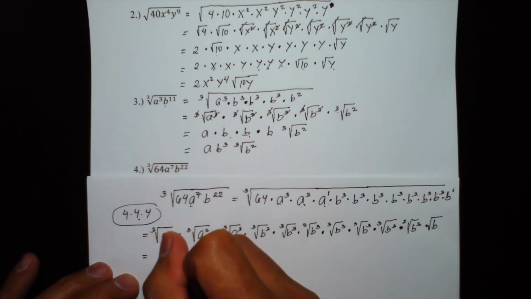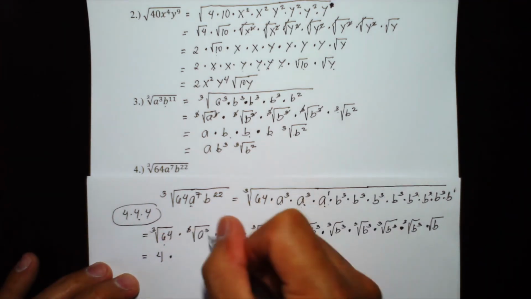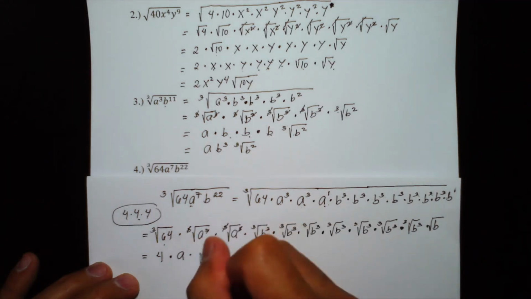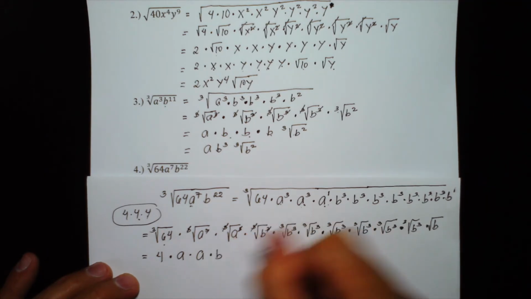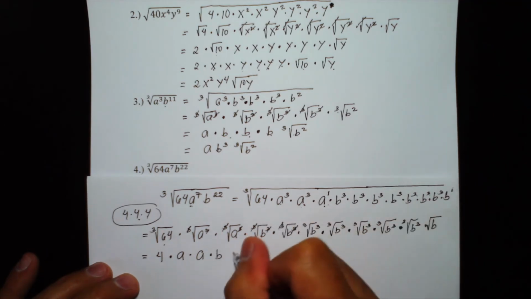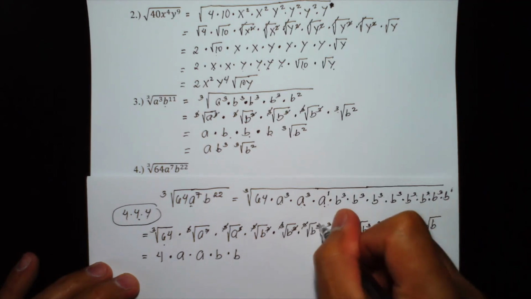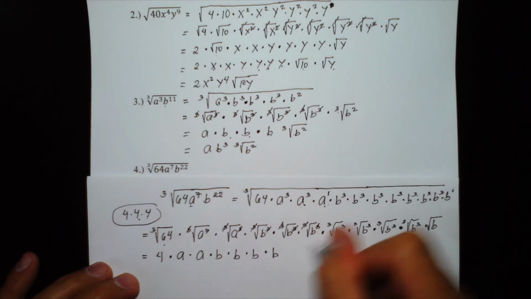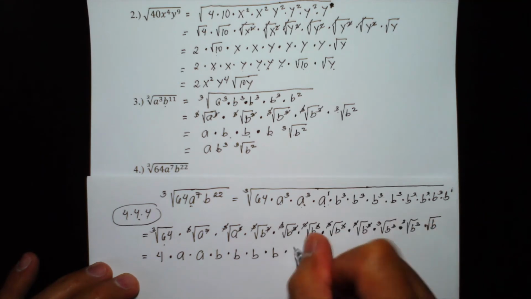The cube root of 64 is 4 multiplied by, so cancel, it will be a, cancel, that will be b, cancel, that will be b, that will be b.